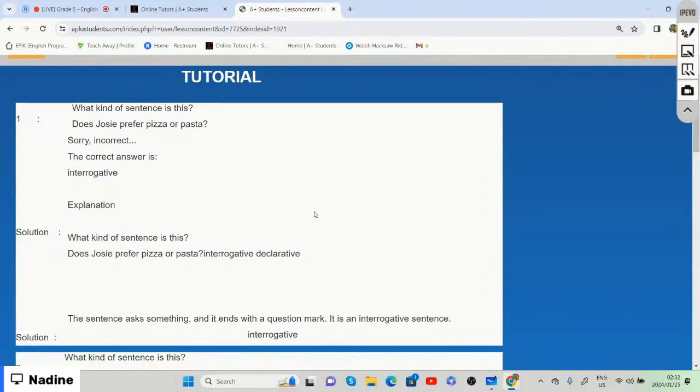So we need to say what kind of sentence this is. It says, does Josie prefer pizza or pasta? So does Josie prefer pizza or pasta? We need to say what type of sentence it is. Interrogative, imperative, declarative, or exclamatory sentence.